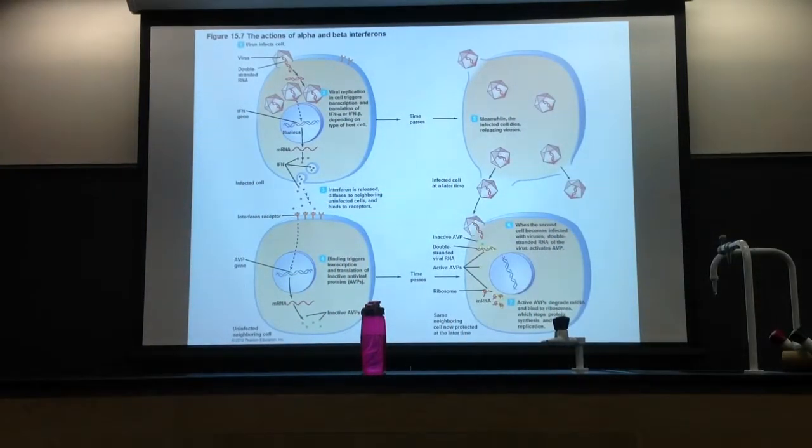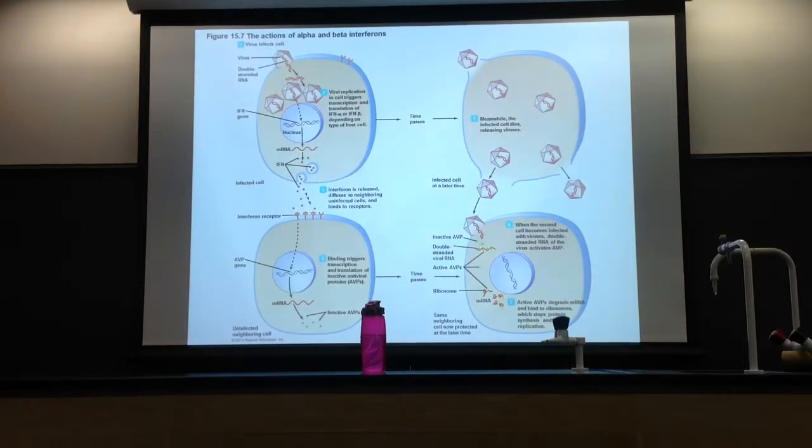When they're activated, they do two things. Think about it. What do viruses need to do? They need to do translation. Once the RNA is in the cell, what do we have to do with the RNA? We have to make mRNA and translate it into protein, right?